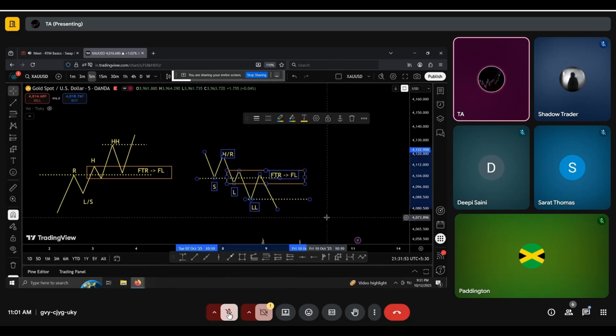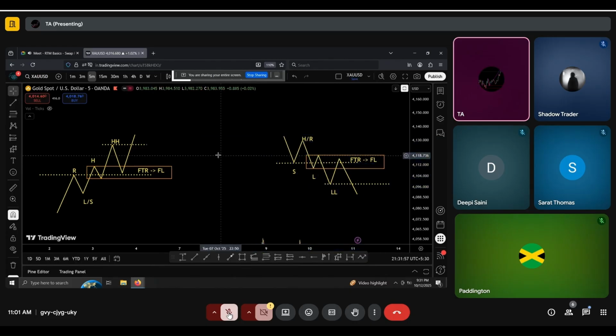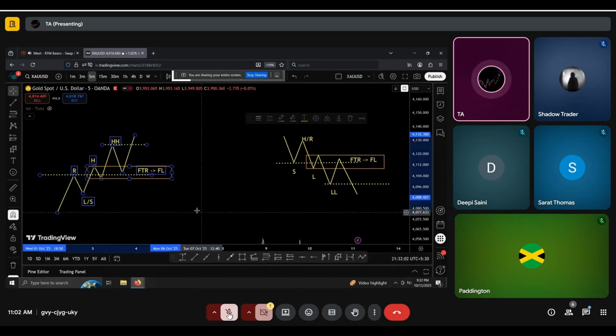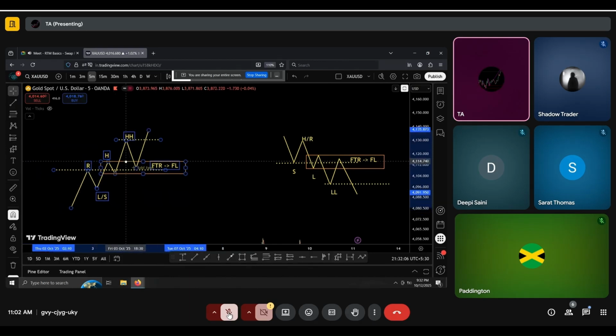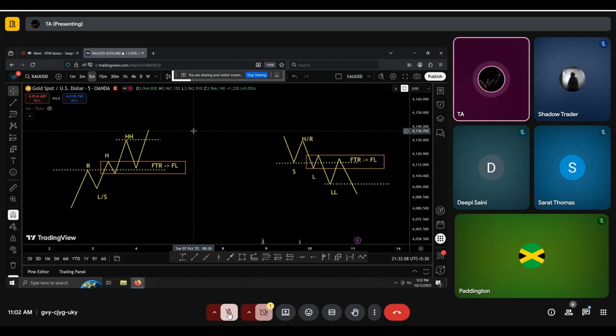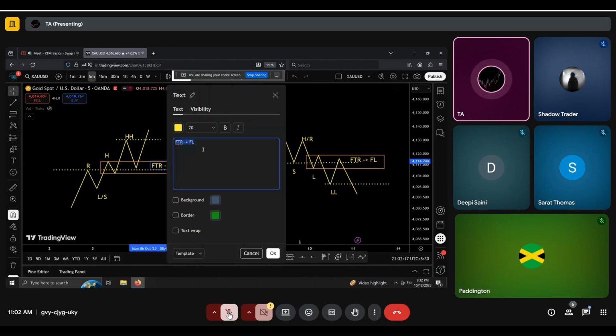Okay, so let's shift this here and focus on here. First we will discuss the bullish side. So now this is FL, right? We don't need to write the full thing.